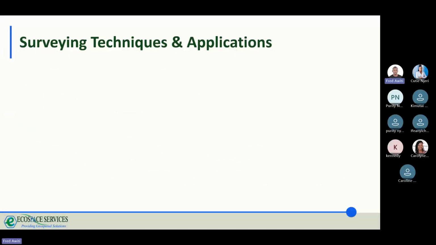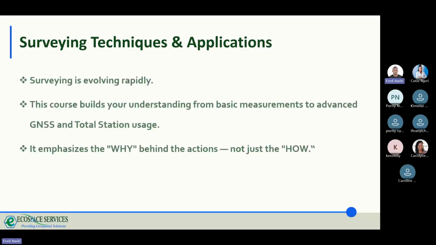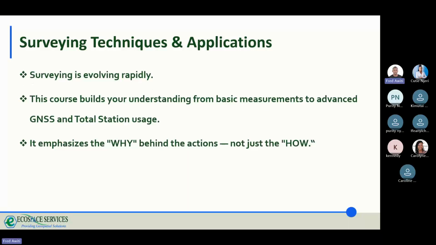So just look into some of the surveying techniques and applications. This is just a highlight of what you can expect when you decide to undertake the course. And these are some of the challenges that maybe you might be facing. So in this course, we all understand that surveying is evolving. It's not like 20 years ago where there was a chain.